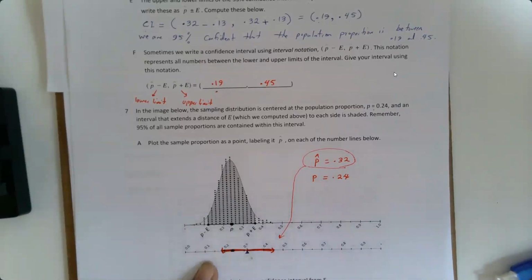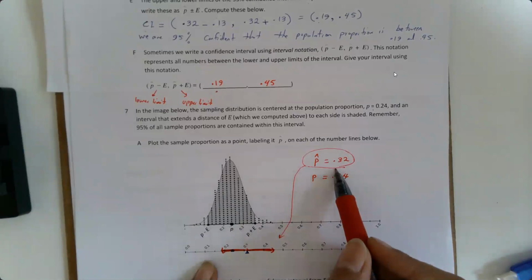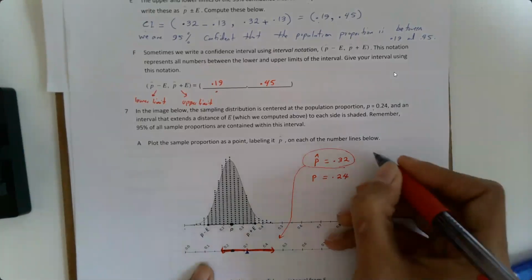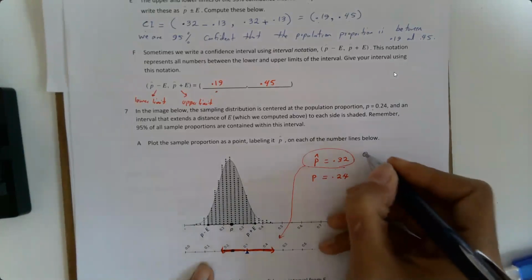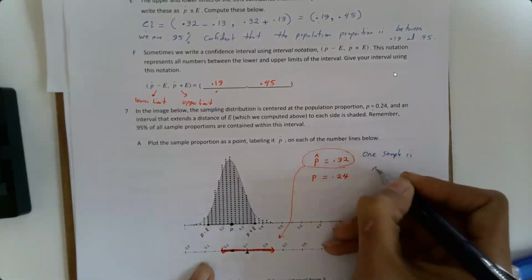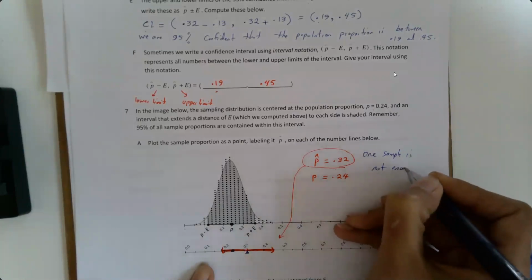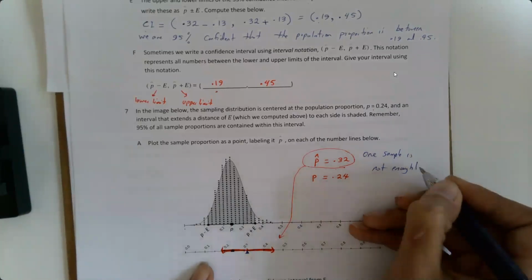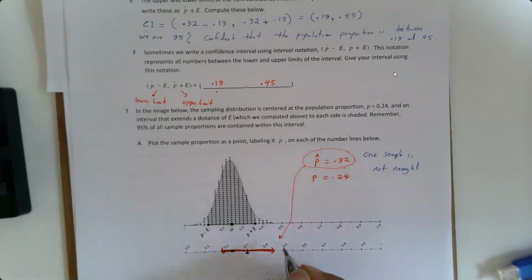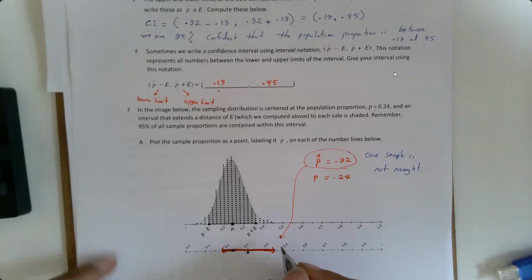So what's the meaning of that? It means that one sample is not enough for us. One sample is not enough. So what's the meaning of that? It means that when you are just finding the proportion for your sample as a statistician, you need to collect as many samples as you can.